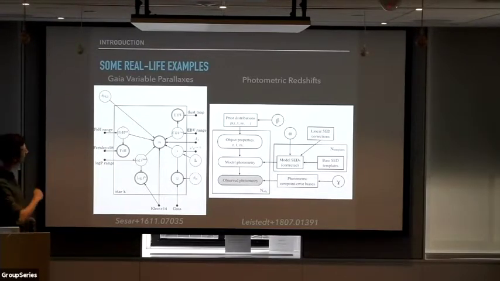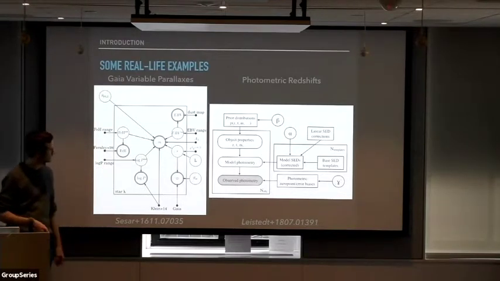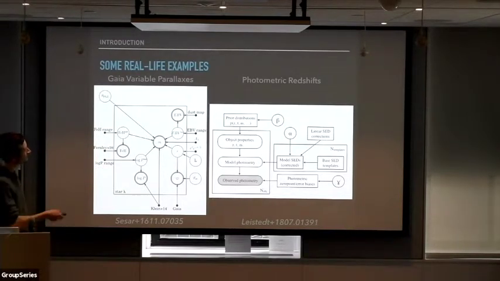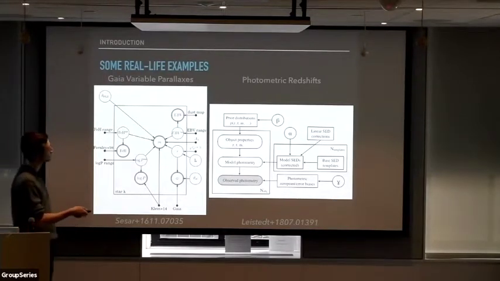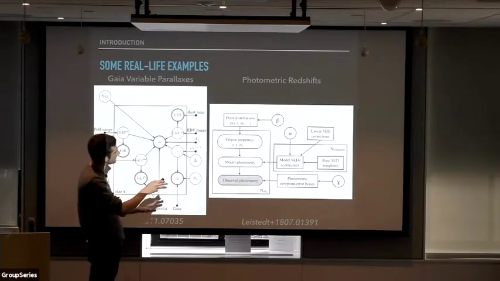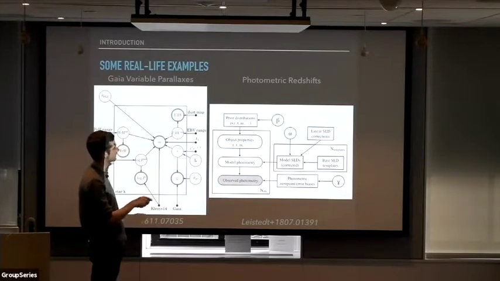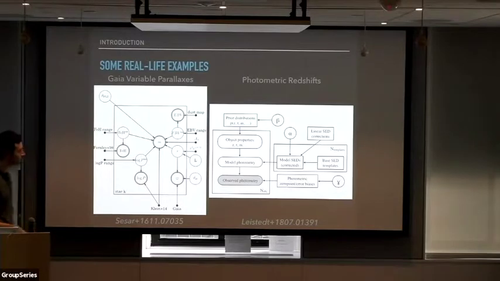Anything in green is something that you care about. These double circles are data. And one of Boris's papers about photometric redshifts, where instead of specific parameters, groups of parameters are lumped together into something a little more schematic.